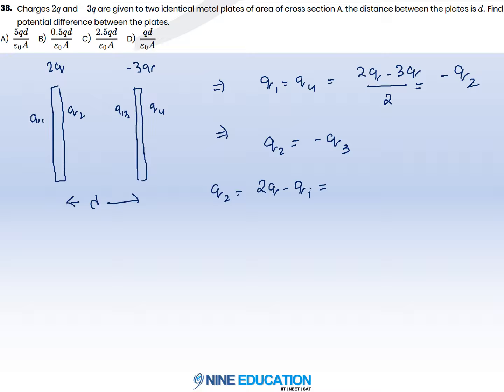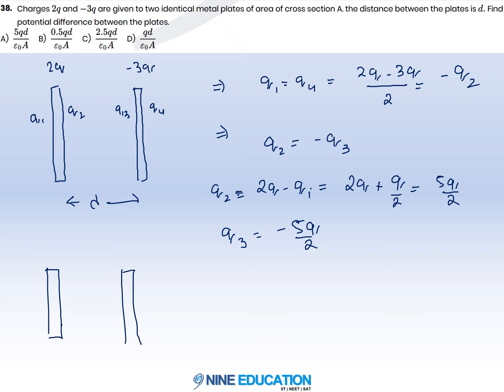So it becomes 2q minus q1, and minus minus is plus, so q2 becomes 5q by 2. Similarly q3 becomes negative of that, minus 5q by 2. Let's make it again.